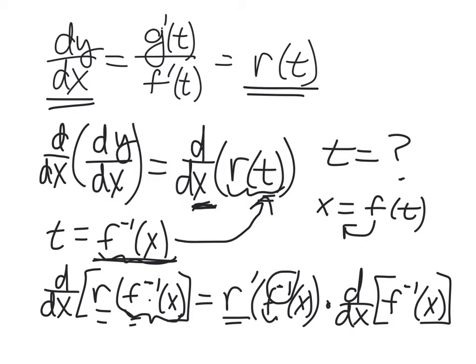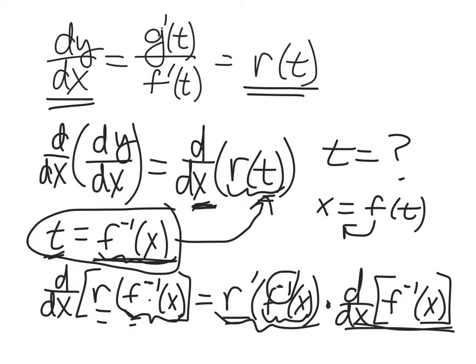Well, what did we say f inverse of x was? That's our t value. So this part is going to be simply r primed of t. Okay? And then we'll have to figure out what this is. Now, before we move on to the top of the next page, remember what we're doing. We're looking at the second derivative of y with respect to x. So we'll put this as the result so far.